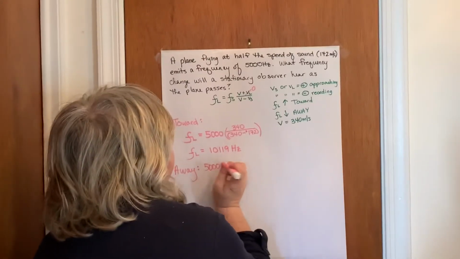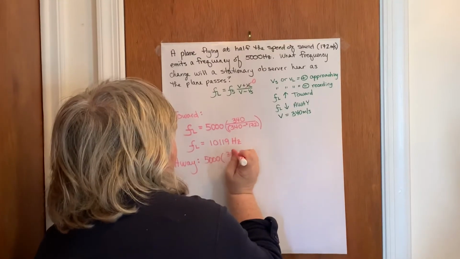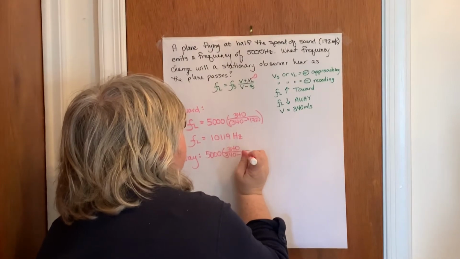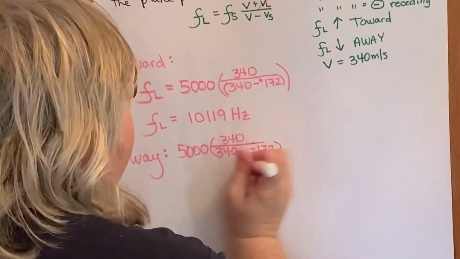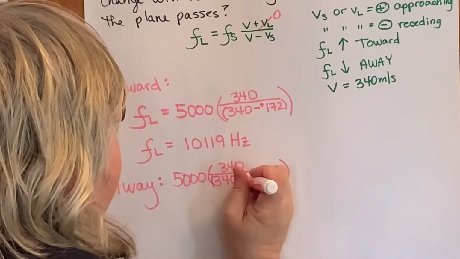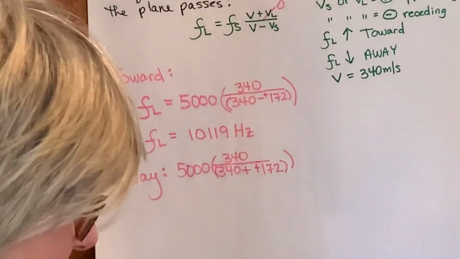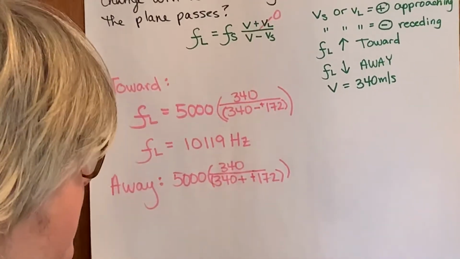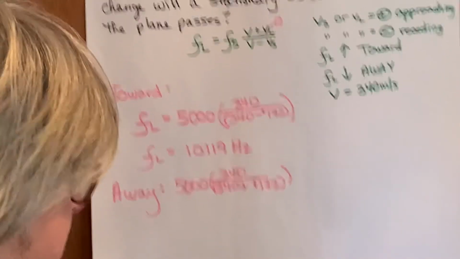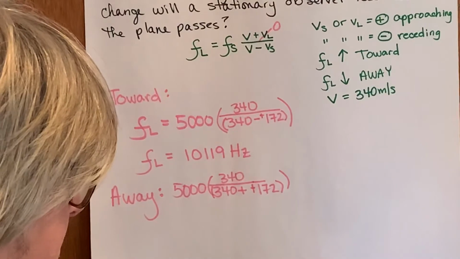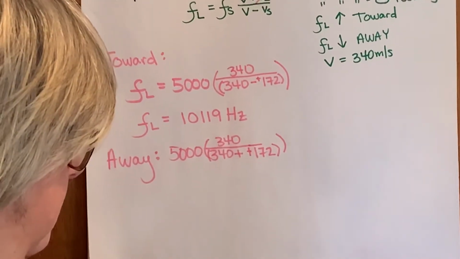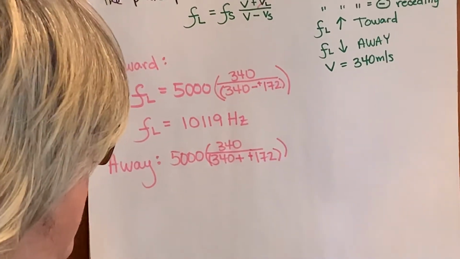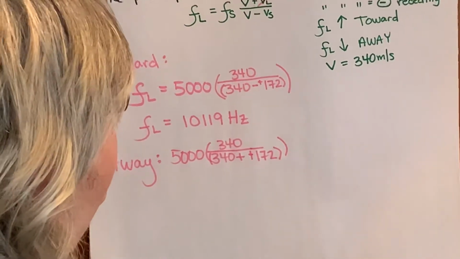So 5,000 times 340 over 340 minus negative 172, which then becomes plus 172. So that's going to give me 3,320.